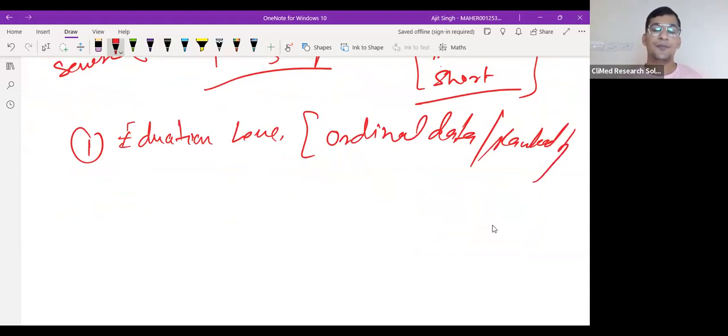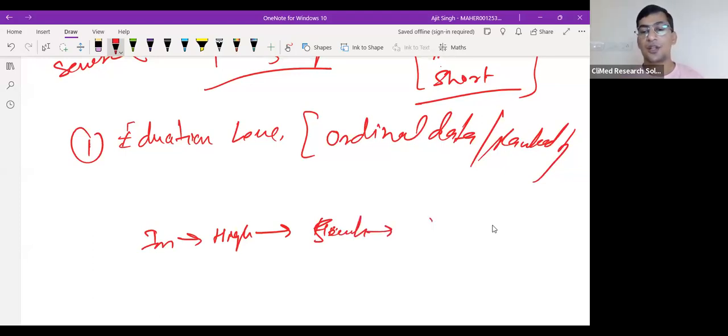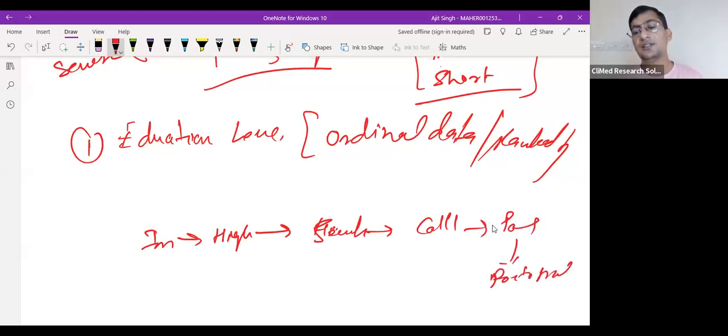Why? Because we have illiterate, then we go to high school, then higher secondary, then college, then post graduation, then doctorate. This is the rank system, this is the order system. So in our data, ordinal data is there, that is the education level of our pregnant women.